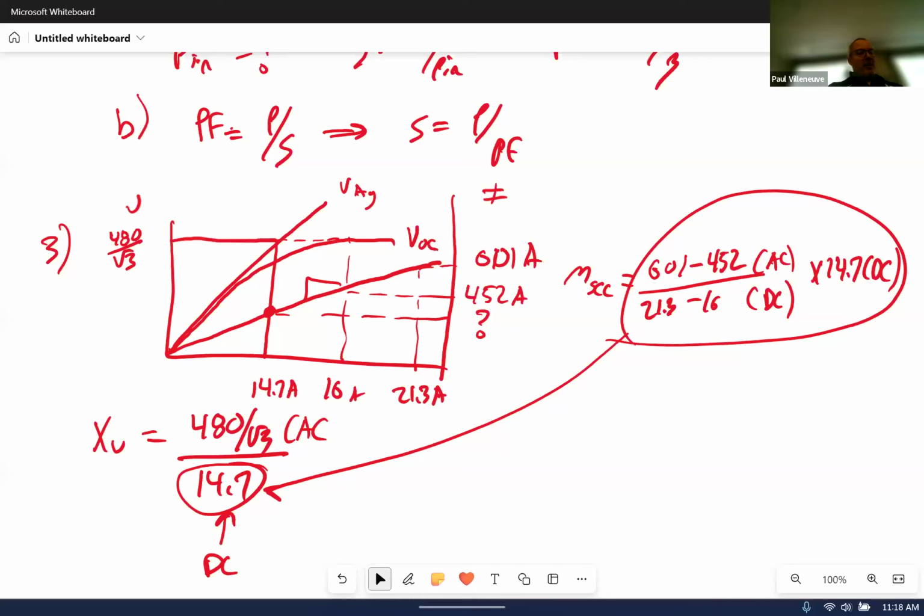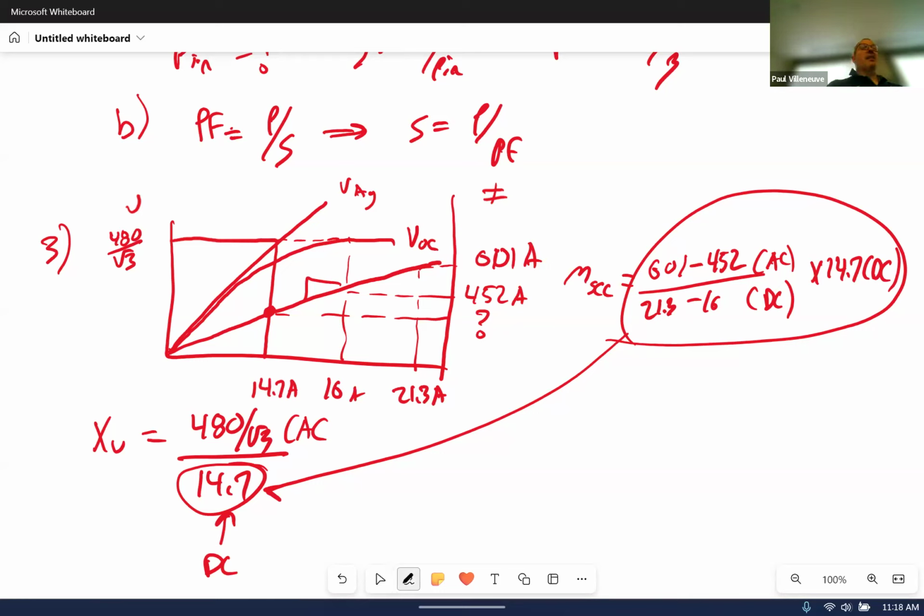Some people put 451.76, and I should have taken more points off on that, because as you can see, it's well below 452, right? It's not at 452. To actually get this one correct, you would need to have calculated what that current is, which shouldn't be a big deal. It's just a straight line. It's just calculating the slope and finding that point.